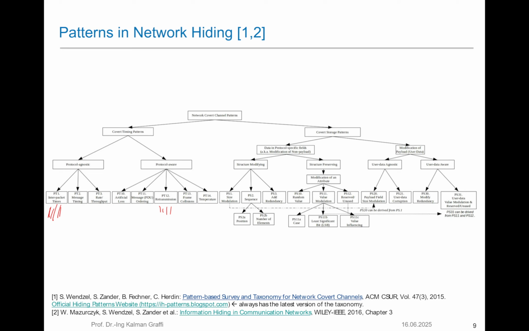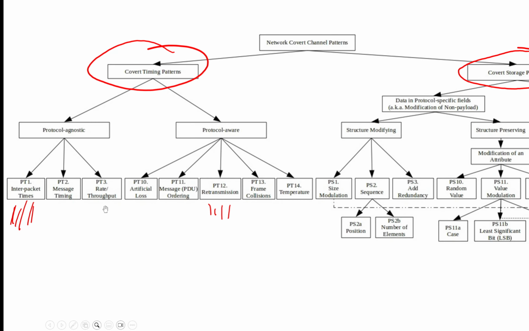So on the one side we have timing patterns, where it's basically important when you send a message, or if you send a message, which could also somehow be related to time, or what you send in the message. So for example, with timing patterns, the information is carried, if it's totally protocol agnostic, either in the differences in the interpacket times, so how many gaps you leave between the packets, or message timing, when you send a packet at specific times.